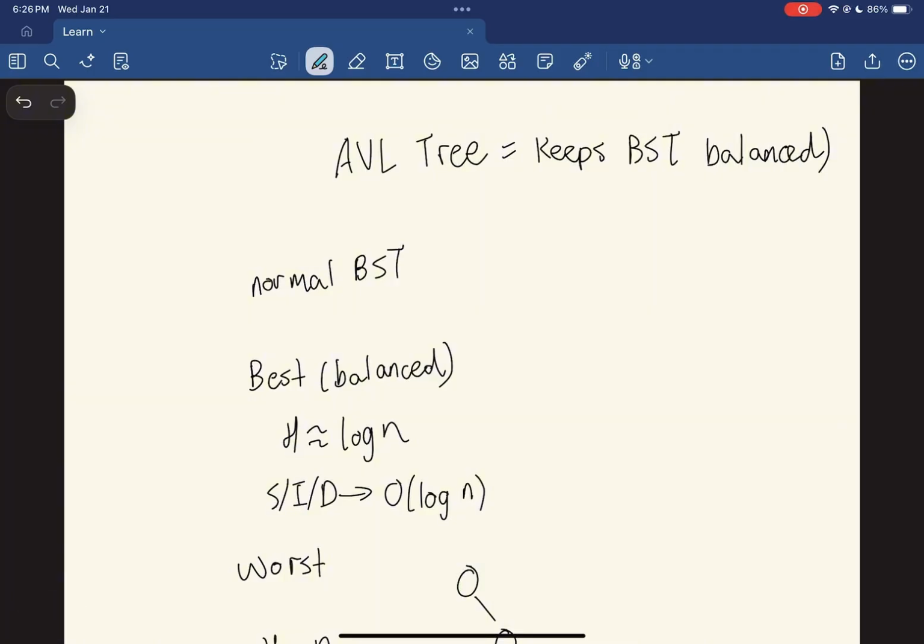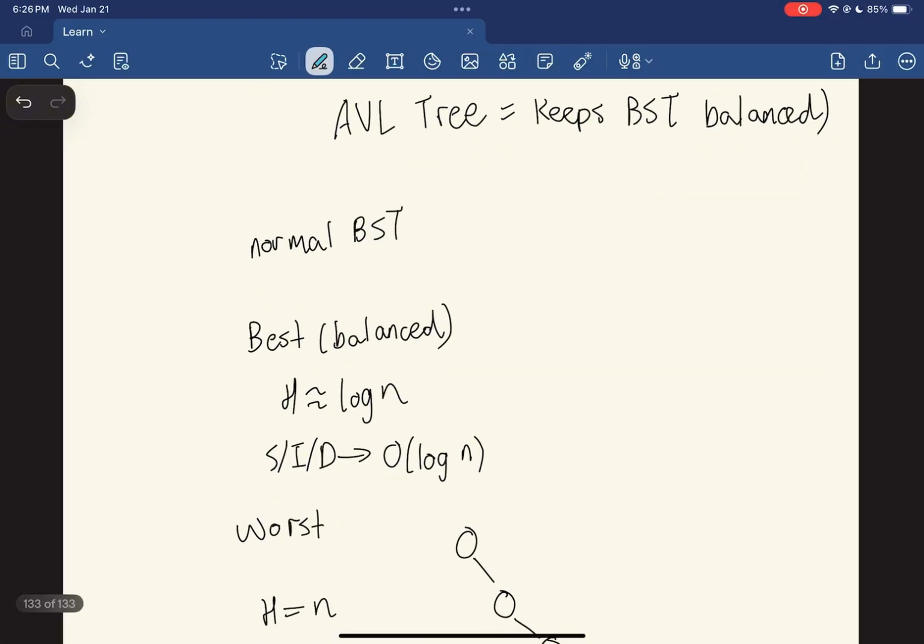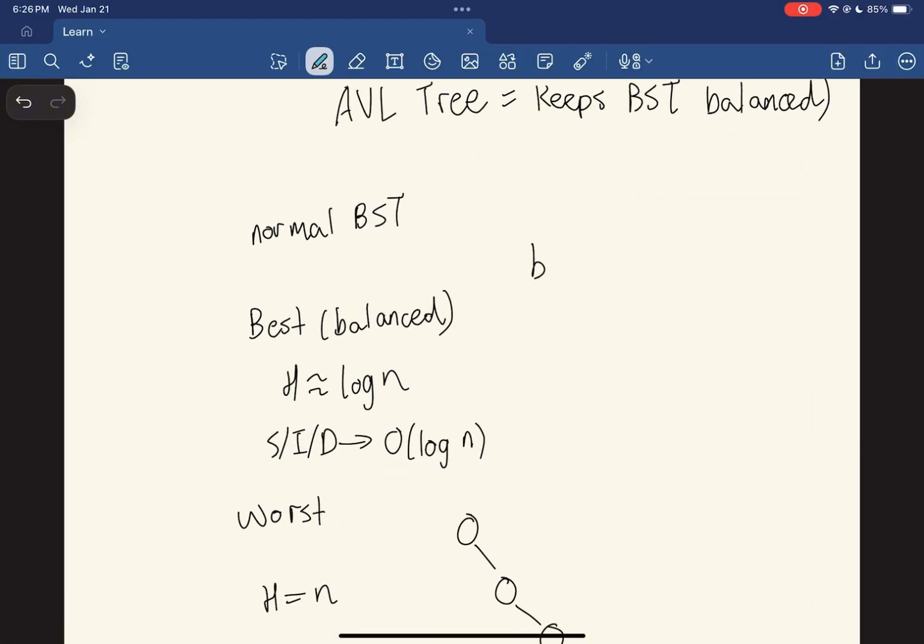Okay, so now let's quickly define what exactly an AVL tree is. Like I mentioned, an AVL tree is a self-balancing binary search tree where for every node, the heights of the left and right subtree differ by at most 1. There's also this thing, which I will explain, called the balance factor.